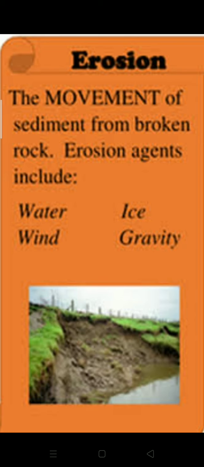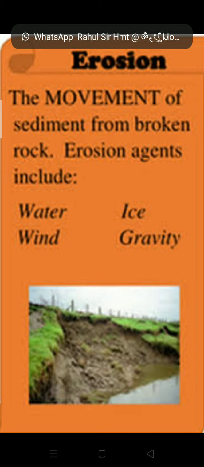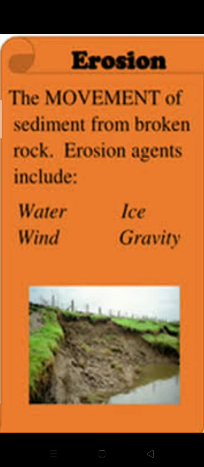Carried away means whatever soil or landform is there, that is moved away or carried away. Means from that part it goes somewhere else with the force of water, force of wind, force of ice, or it can be also gravity.